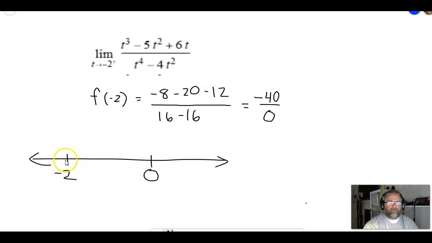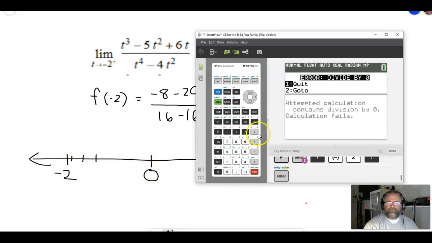Remember, we're approaching -2 from the right-hand side. So first I'm going to start with a value around there, and then a value around here, and then a value closer and closer to -2. In this case, I can start with like -1.8. Anything that's close to -2 from the right.